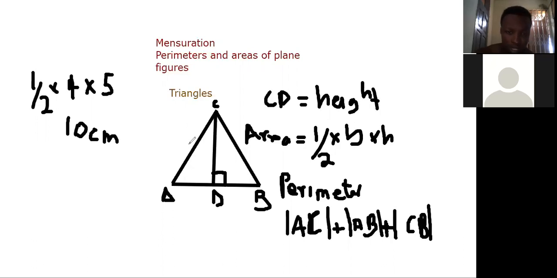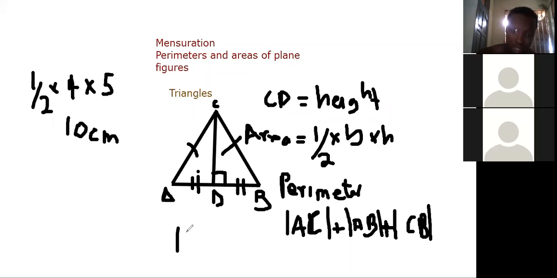So if you have something like this, it means that the distance AC is equal to the distance of CB.